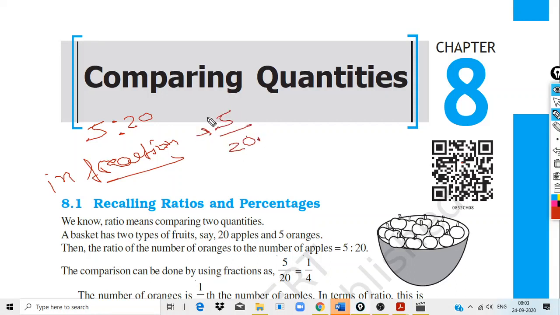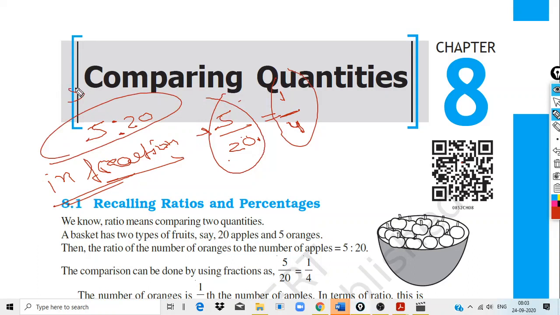Or we can simplify it: 5 ones are 5, 5 fours are 20. So 1 upon 4. So in fraction we can say it is 1 upon 4 or 5 upon 20, or in ratio we can say it is 5 is to 20, or you can say 5 is to 20 is also the same as 1 is to 4.